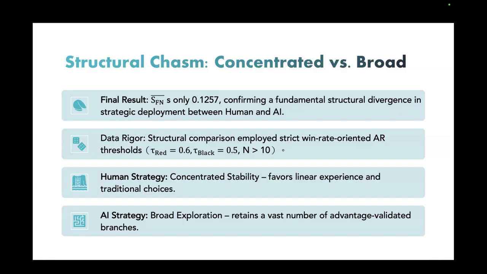Conversely, AI strategy is driven by broad exploration. It retains a vast number of advantage-validated branches at every single node. Thus, the AI opening tree maintains a clear structural difference from the human's focused thinking.